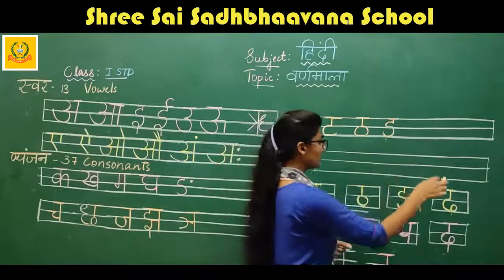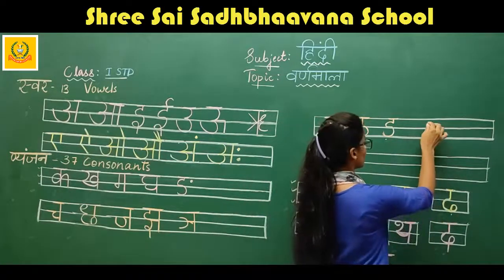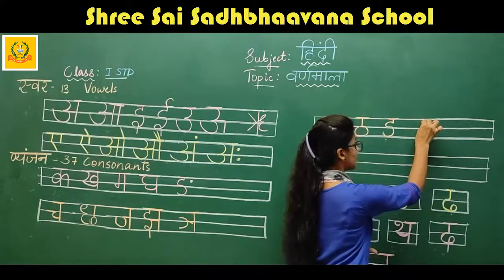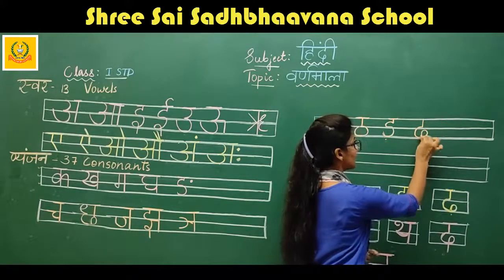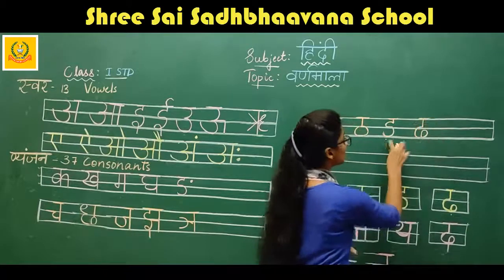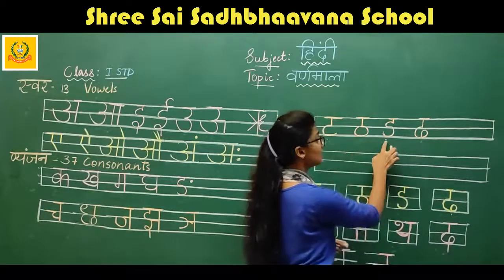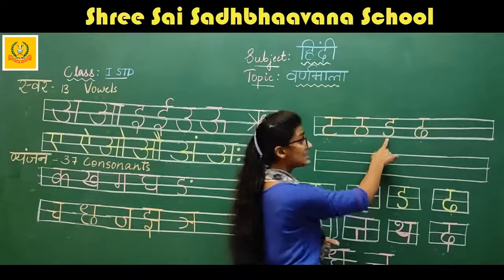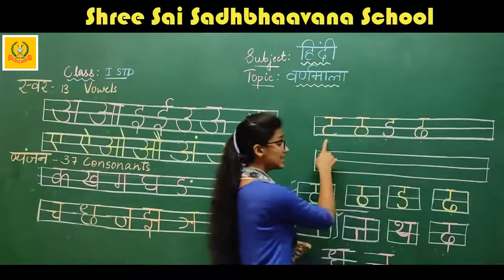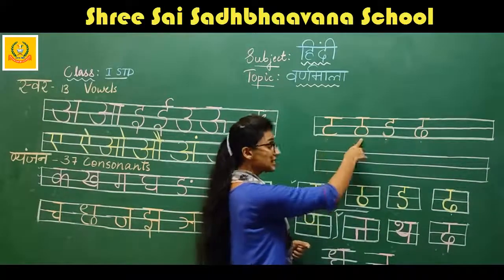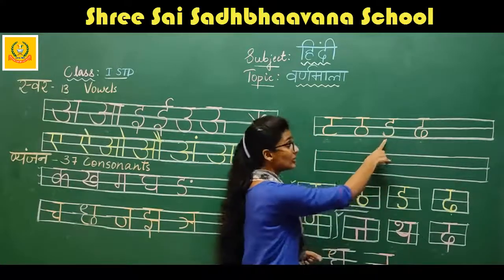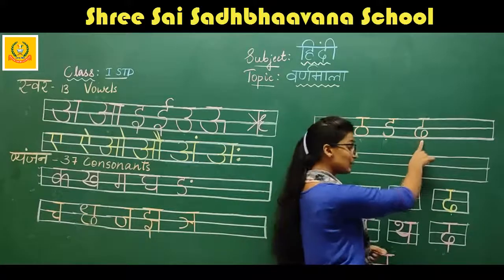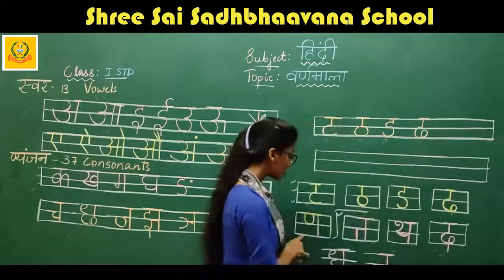Dha. One standing line, C, and like this. Dha. This is double roti. Ta says tongue, tha says tela, dha says double roti, dha says dapali, na. How to write na?